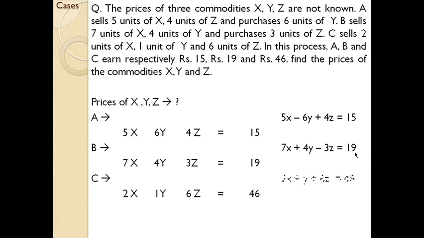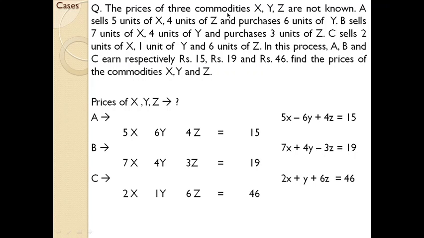And finally C. C sells 2 units of X, so plus 2X, and 1 unit of Y, plus 1Y. Y alone written means 1Y. And finally 6 units of Z. He has sold all the items. Since there is no purchase, we are not using any minus sign.